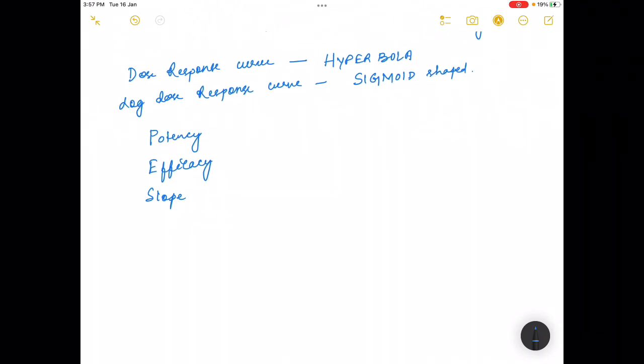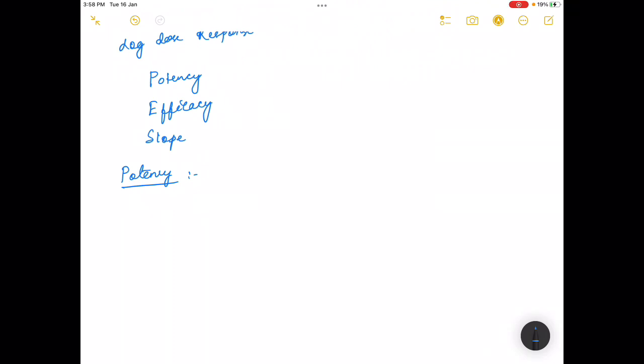Now coming to potency. So what is this potency? It is a measure of the amount of the drug needed to produce the response.